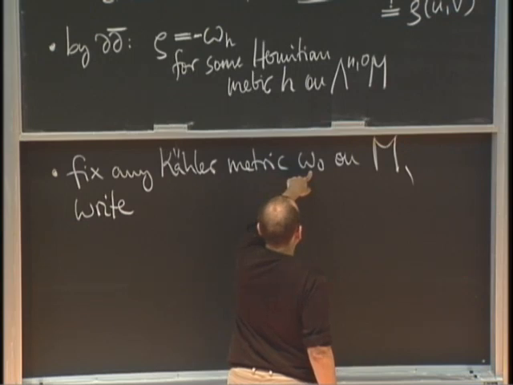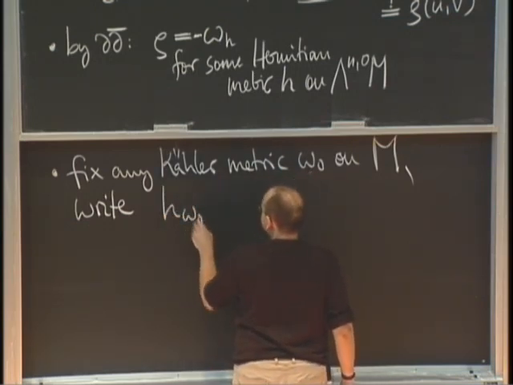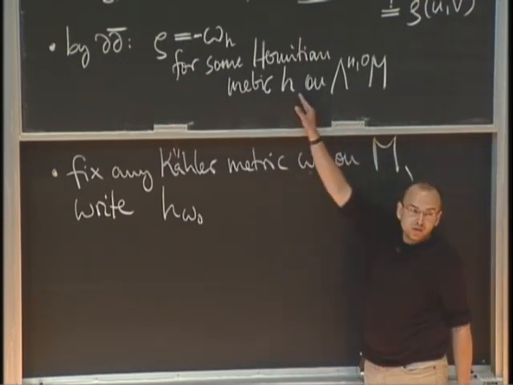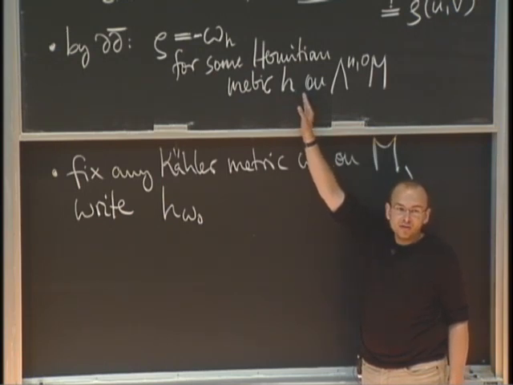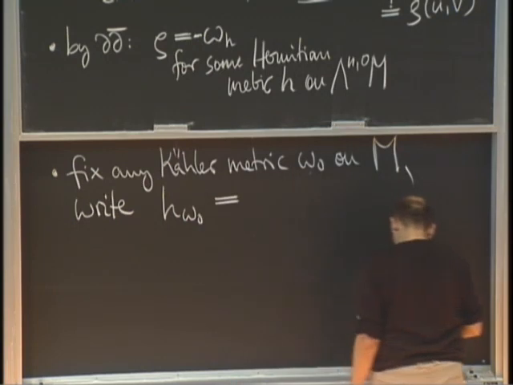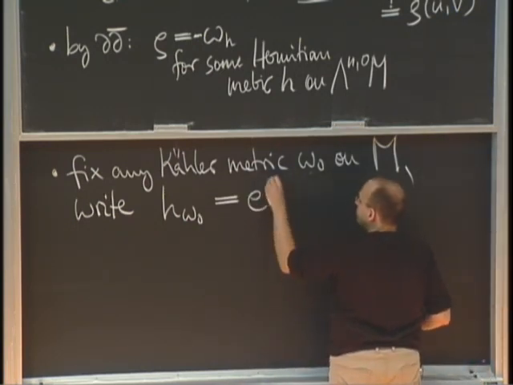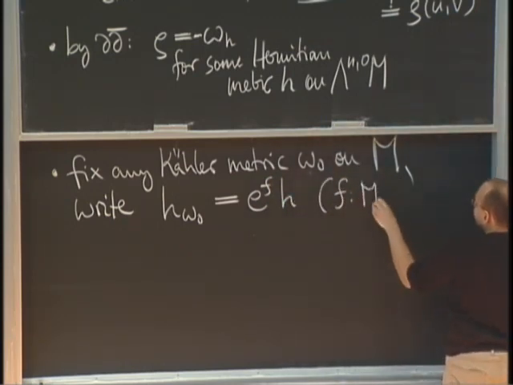So if I fix omega 0, then I'm going to have an associated Hermitian metric h sub omega 0 on the canonical bundle. So I want to relate that to this Hermitian metric h that I got from here. And I've got two Hermitian metrics on the same holomorphic line bundle, so they're going to differ by a smooth positive function on the base. So I'm going to be able to write h sub omega 0 as e to the f times h, where f is some real valued function.